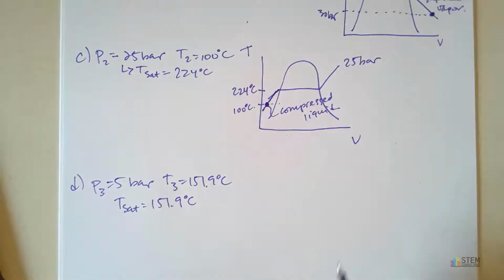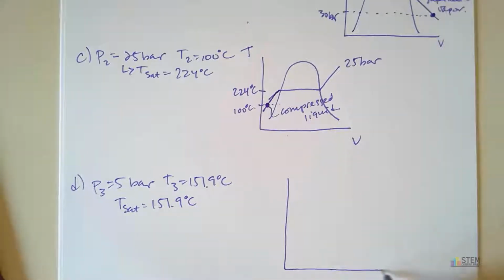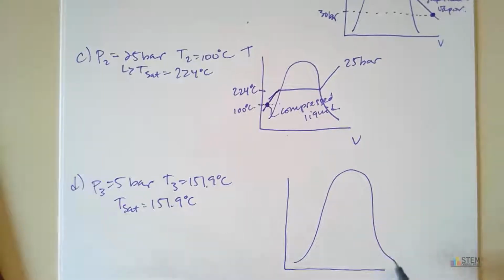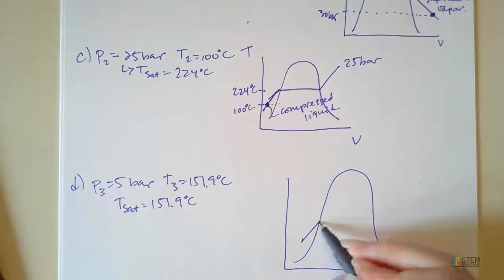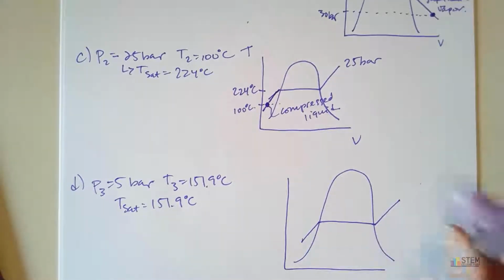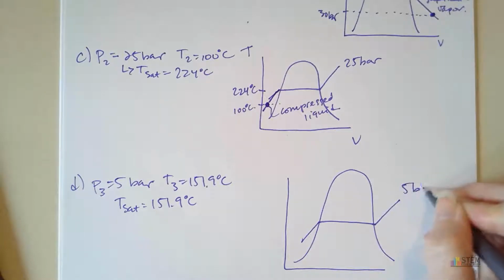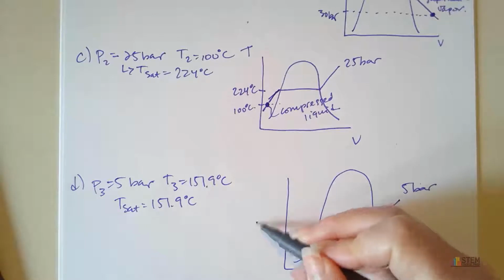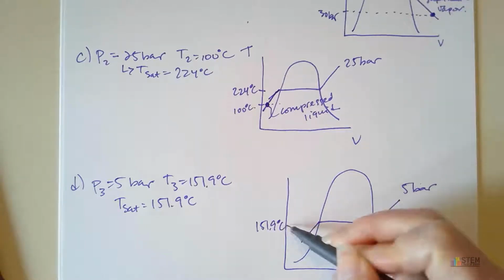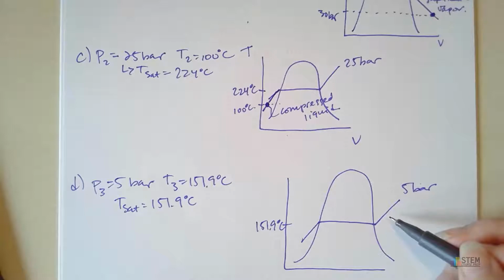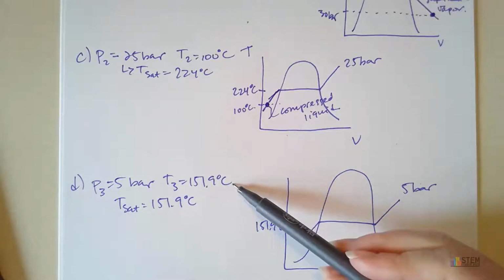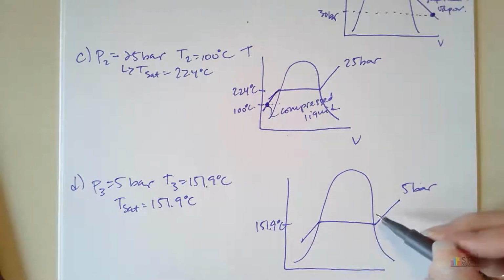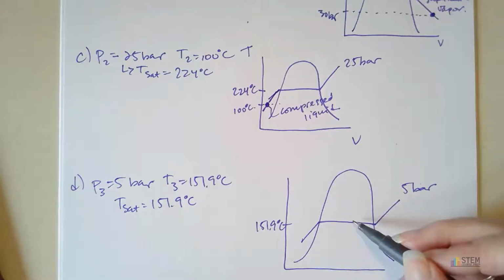Now, notice these two are the same. So let's draw this picture. Put our isobar. This is for 5 bar. And our temperature here is 151.9, the same temperature that we stated that we had. This means that we're going to need quality.